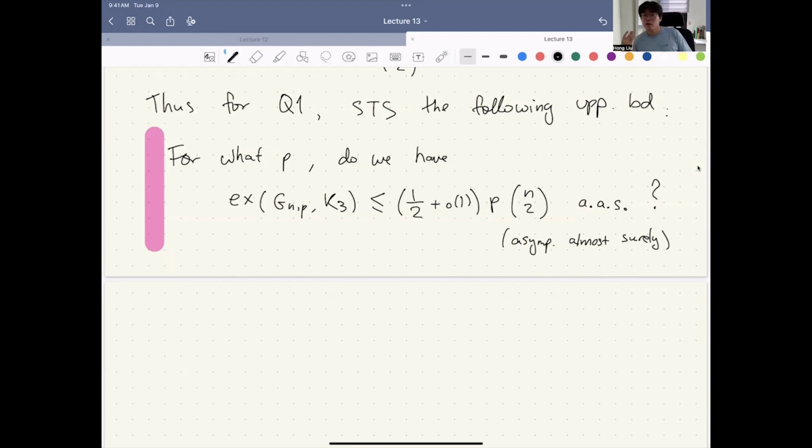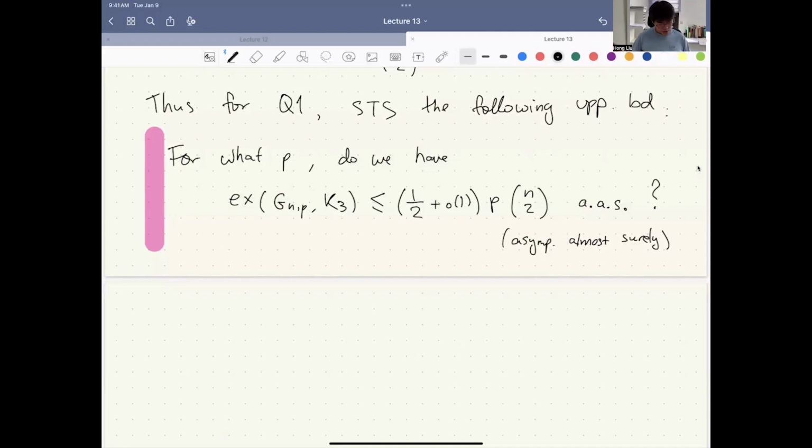Instead of coloring the edges of K_n, we want to color the edges of G(n,p), and ask at what threshold p do we asymptotically almost surely see a monochromatic copy of a triangle. Above a certain p, with high probability we see a monochromatic triangle, and below that, with high probability, we don't see one.